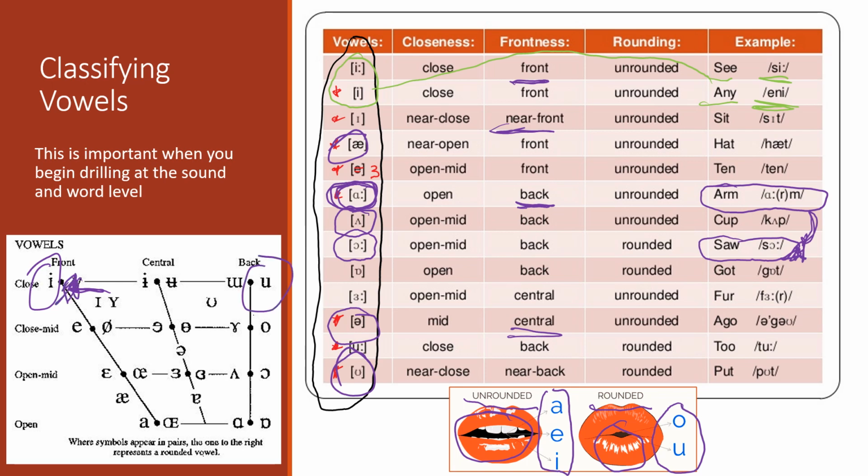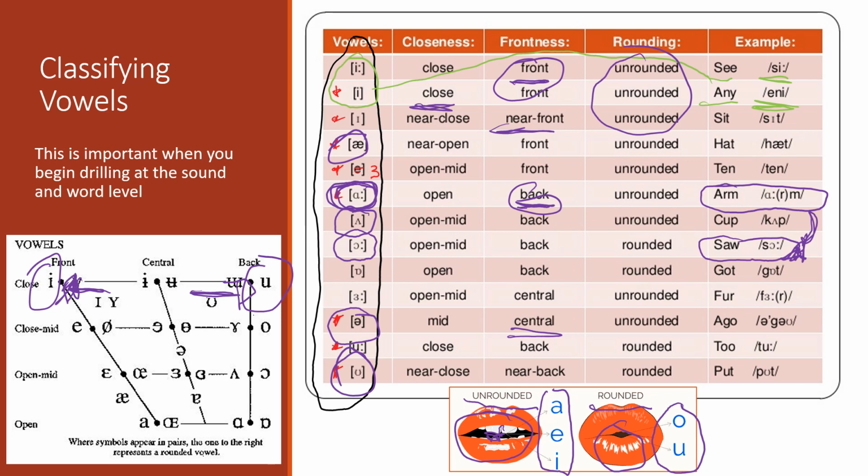You have this oo that is produced further back in your mouth, hence why they have the back and front categories right here. Rounded, unrounded, we talked about that. And then close, open, mid, this is just merely talking about how much your mouth is open. So your mouth will be open whenever you're making that ah sound. Your mouth is going to be a lot more open. Your mouth is going to be more closed whenever you're producing the ee sound.